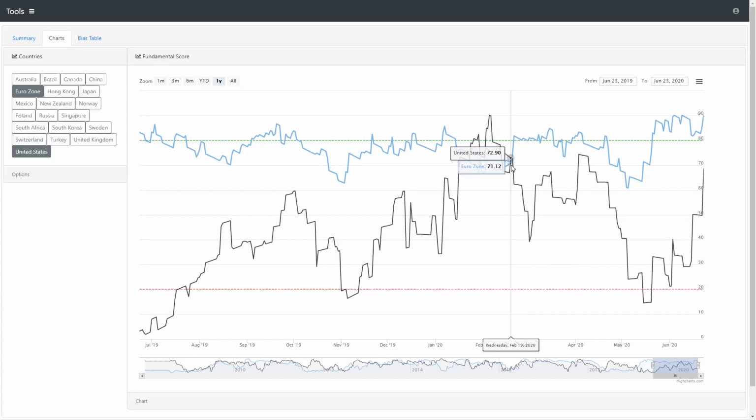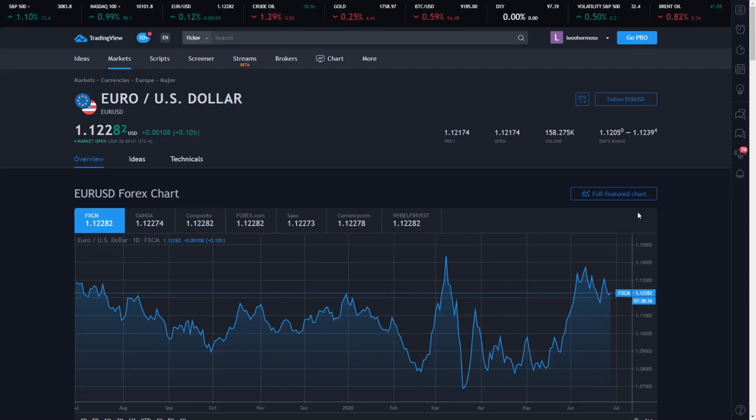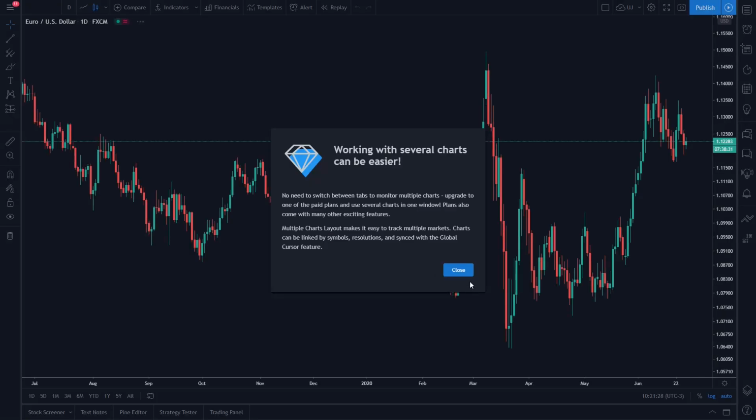So let's see. On the 20th of February of this year, the Eurozone economy went above the United States economy. You can see it right here. So what happened to EUR/USD after that date? Let's see. I have the EUR/USD chart here.